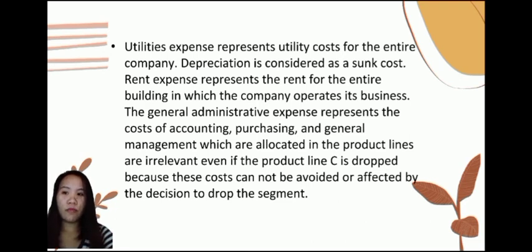Rent expense represents the rent for the entire building in which the company operates its business. The general administrative expense represents the cost of accounting, purchasing, and general management, which are allocated in the product lines, are irrelevant even if the product line C is dropped, because these costs cannot be avoided or affected by the decision to drop the segment.